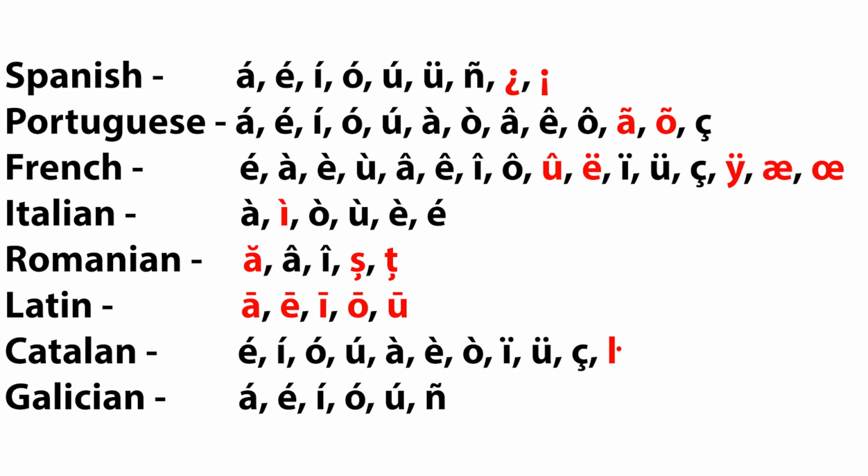So obviously we're just, again, looking at in between these 8 Romance languages, and assuming that looking at the text you're able to identify that this is a Romance language of some sort, you can then start to pinpoint which Romance language by trying to identify any one of these red highlighted characters, to then say, okay, it must be this language. 7 of these 8 languages have at least one unique character, with the exception being Galician.